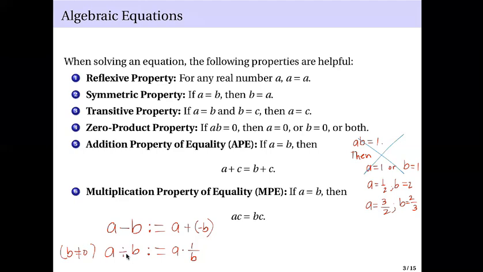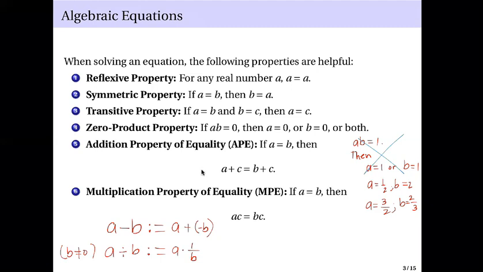Okay? So you can always get that. The division can be defined as A times the reciprocal of B if you have A divided by B. Meaning, subtraction and division can be defined using these two operations, the addition and the multiplication.